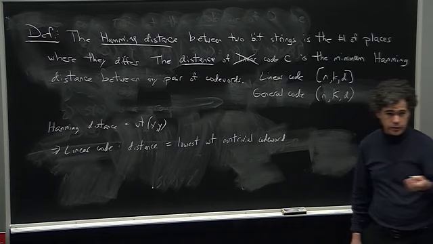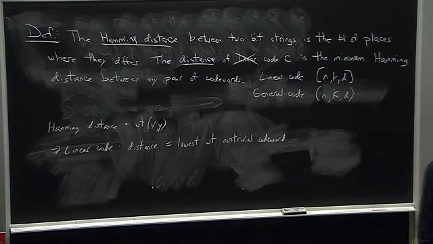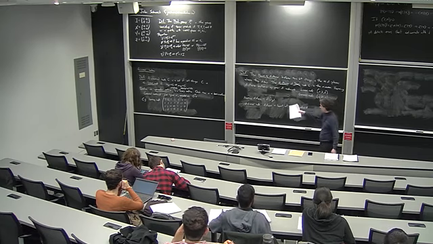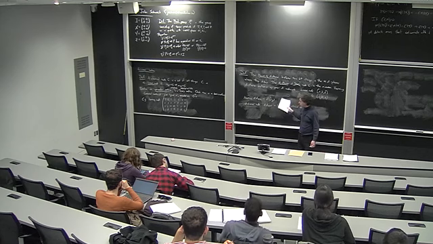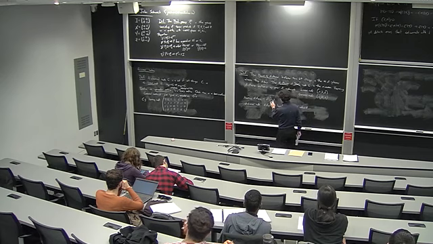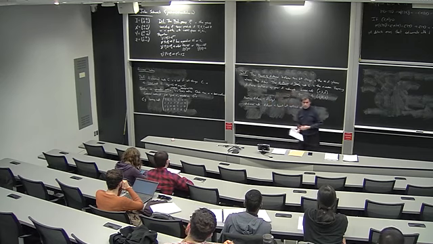Non-trivial because the all zeros word is always in a linear code. But the shortest thing that's not all zeros, the weight of that is also the distance of the code for a linear code. Simply by this property that x plus y is in the code.